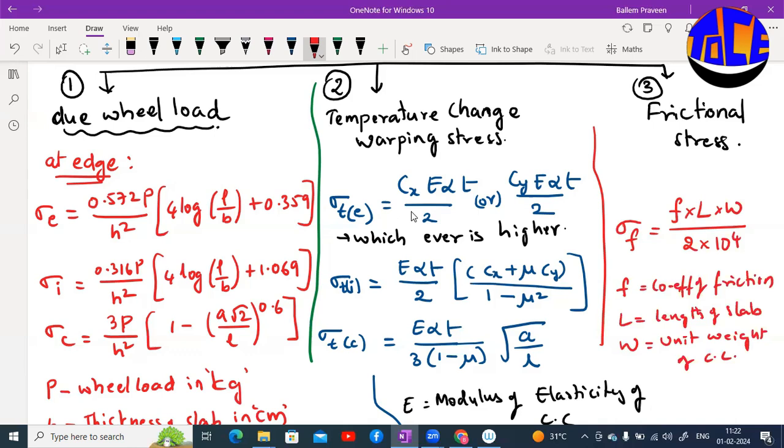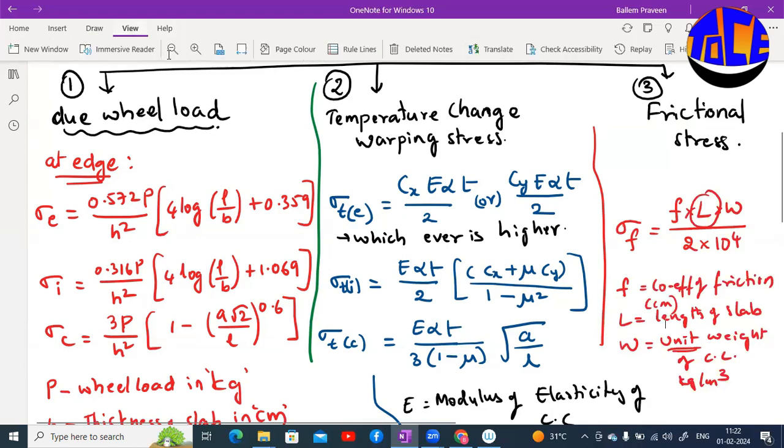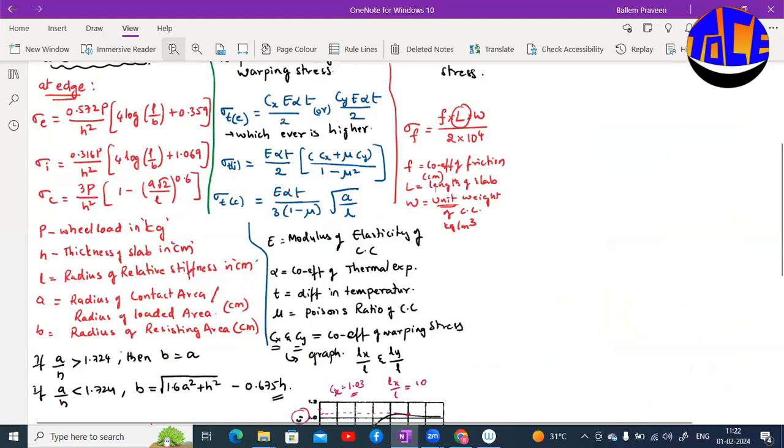The units will be the same: whatever the units of unit weight, the same units should be used for L also. If the units are kg per cubic centimeter, then L should be in centimeters. Using these equations, we are going to calculate the stresses.